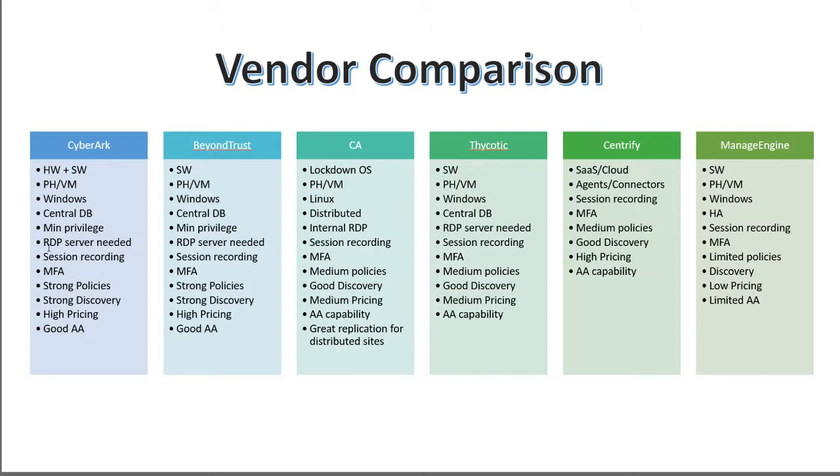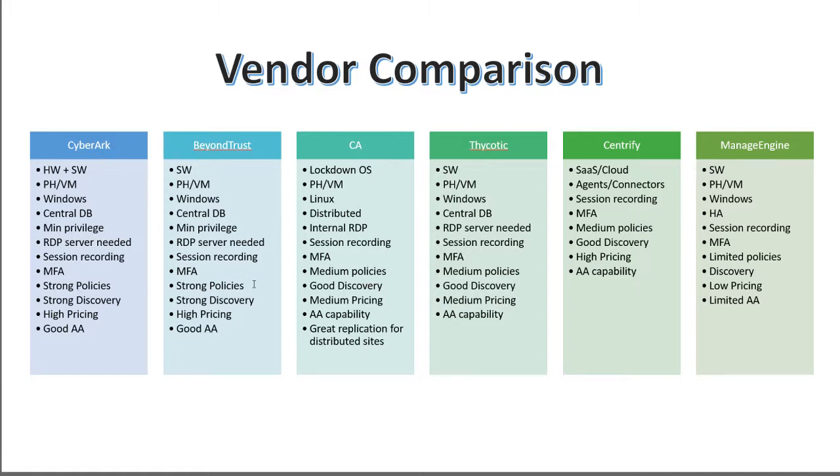The other thing is, for some of these vendors, you need to have an RDP server in place to manage the applications and RDP connections and so on. CA has an internal RDP server as part of the appliance. So the CA solution is really just one appliance doing pretty much everything, which is useful for some companies, and might not be for others.